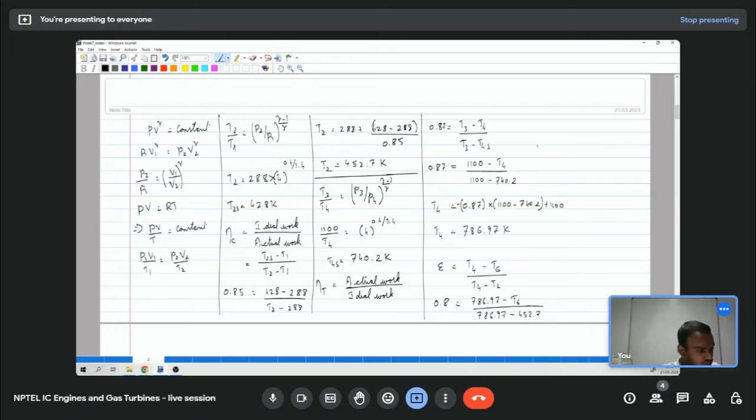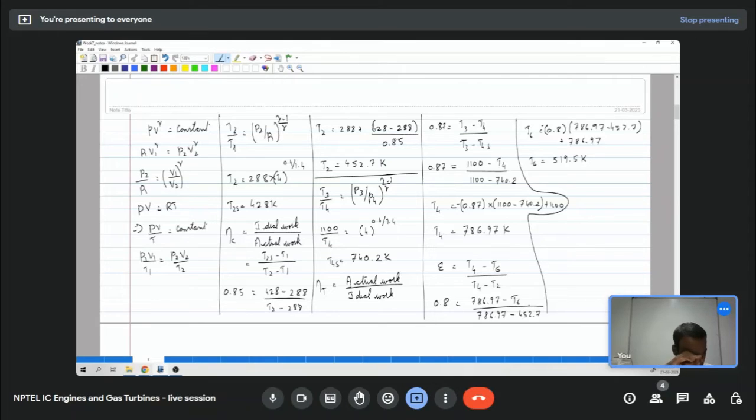So T6 is 0.8 into 786.97 minus 452.7, with the negation of this, plus 786.97. So this is 519.5 Kelvin.